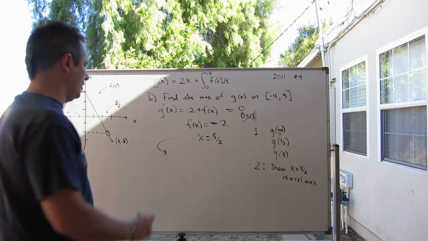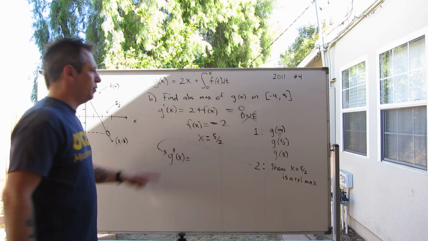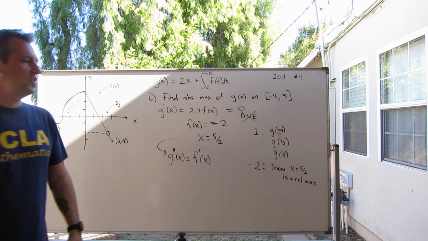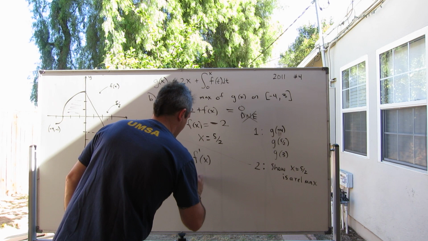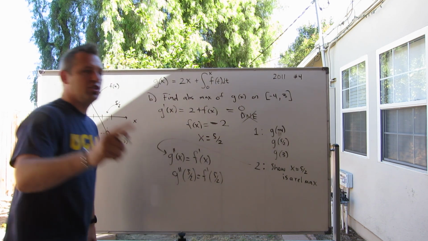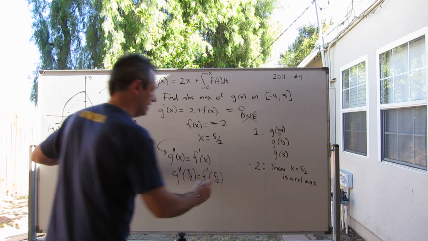But let's see. So I'm going to find g double prime of x. So g double prime of x would just be f prime of x. So now I would just want to find g double prime of 5/2, which is f prime of 5/2, which is the slope of f at 5/2, which is clearly a negative number.